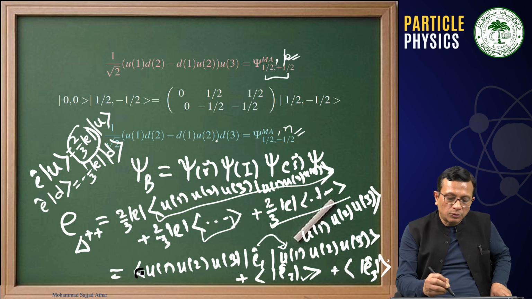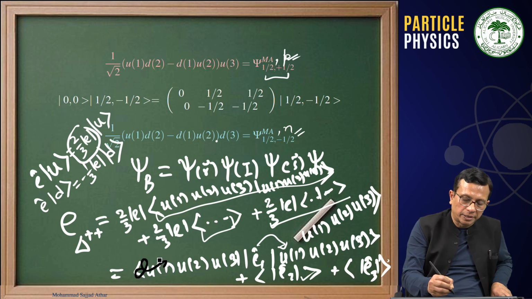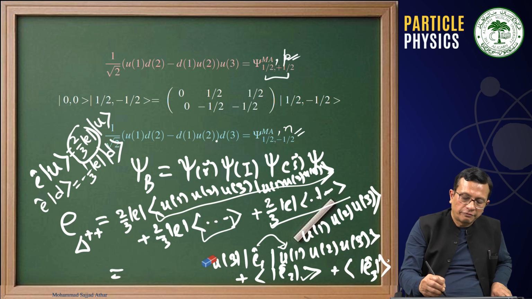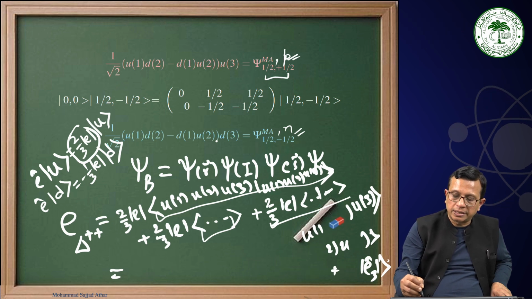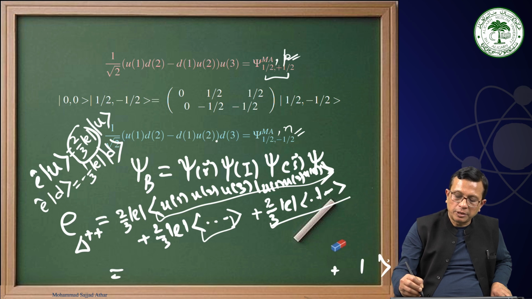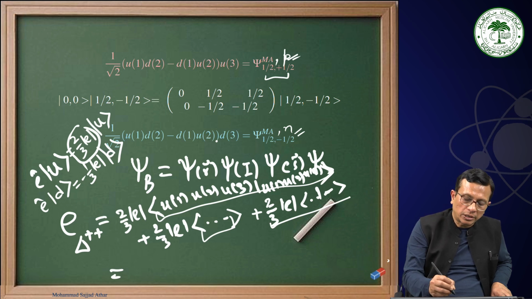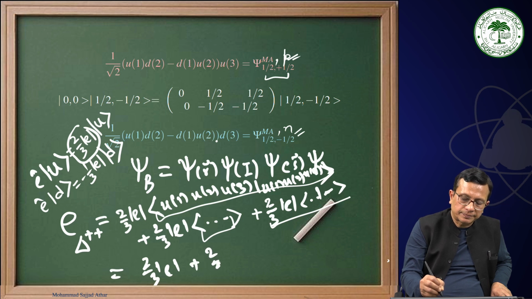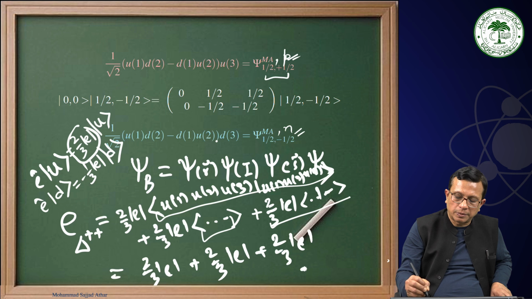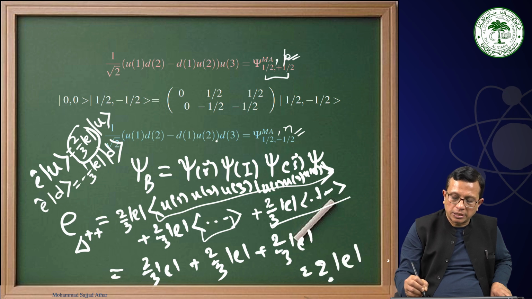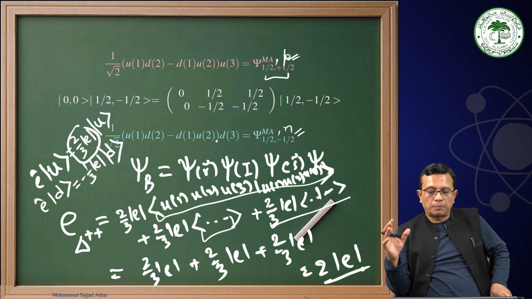The value that we are going to get from here will be 2/3 e, 2/3 e, and 2/3 e. And that is nothing but 2 times the electronic charge. That will be for delta plus plus.